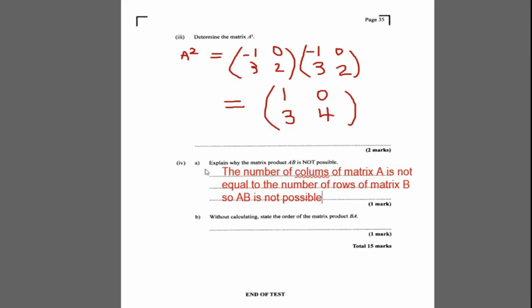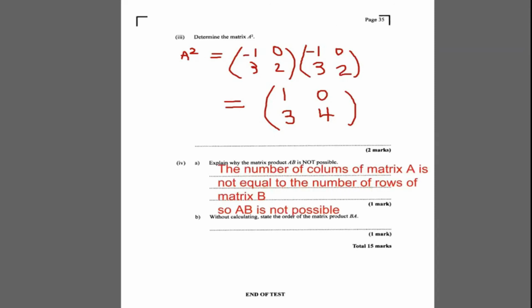That's the reason. Number of columns of matrix A is not equal to the number of rows of matrix B.